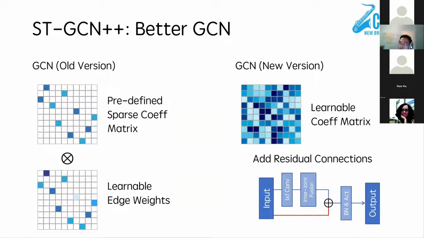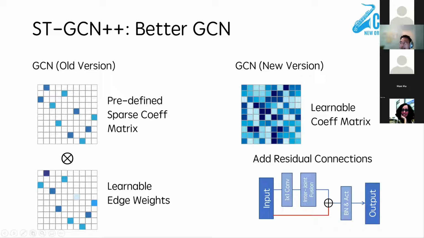We find the recognition performance can be improved without the sparse constraint. Besides, an additional residual link is added. The new GCN layer design improves the spatial modeling capability while requiring few additional computations.